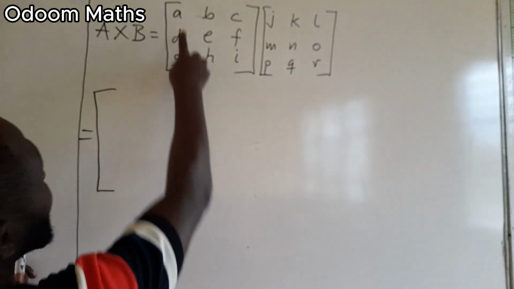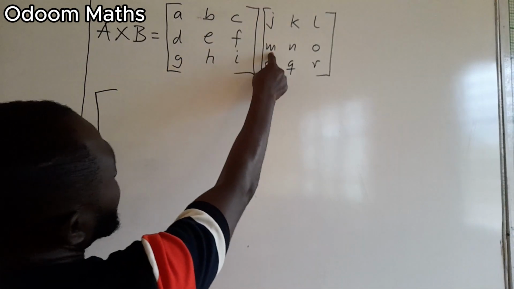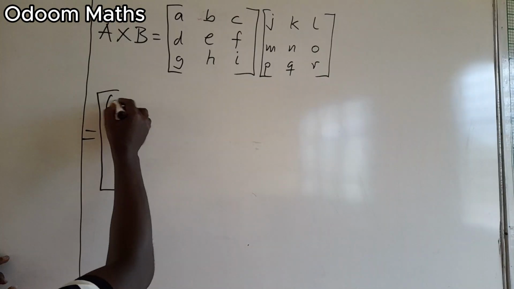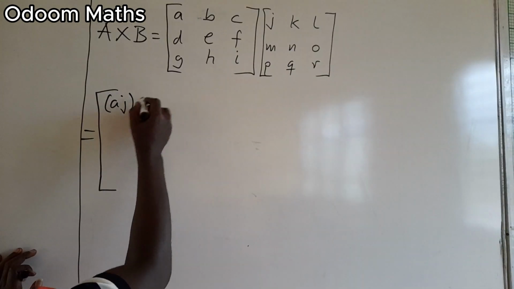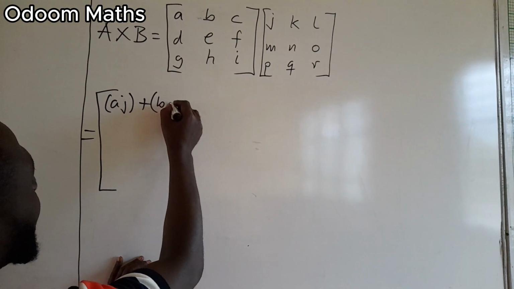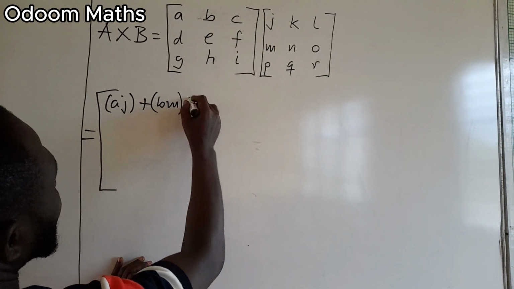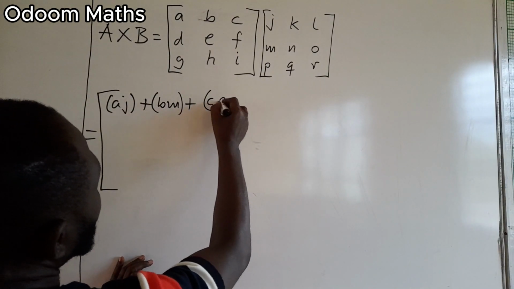So we take the first row of the first matrix to multiply the first column of the second matrix. So that is going to be A times J plus B times M plus C times P. So that is A times J is AJ, plus B times M, so BM, then plus C times P, so that is also CP.